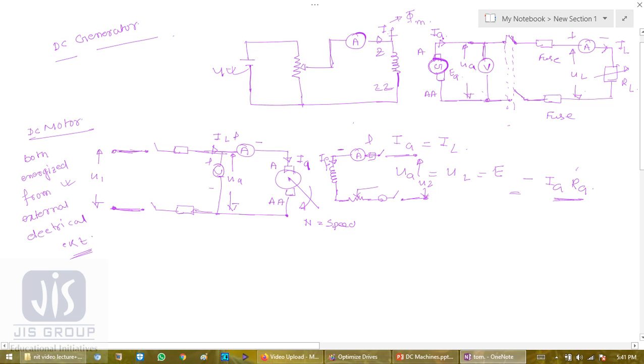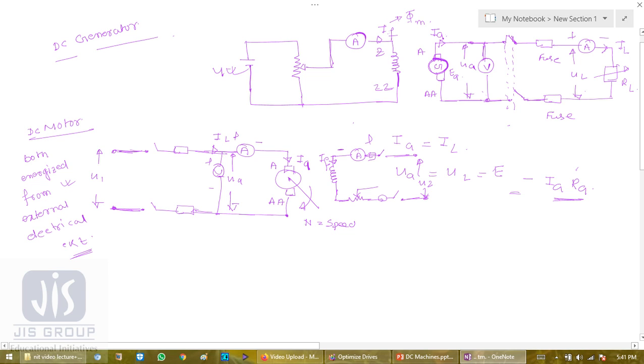For all normal operation, a single supply source gives electrical energy to the entire motor circuit. On some special occasions, like speed control operation, two separate DC sources are used. One source supplies energy to the armature circuit and the other to the field circuit. So this is the circuit diagram of a separately excited DC motor.